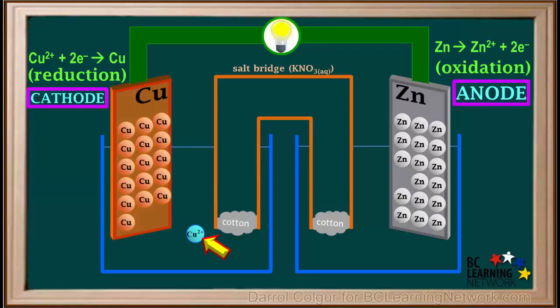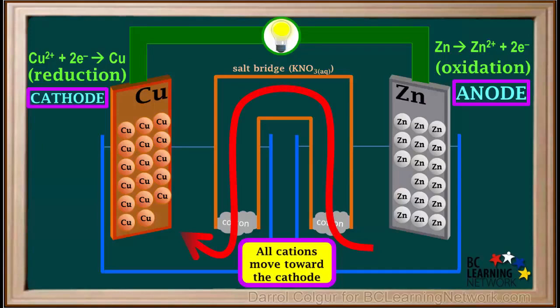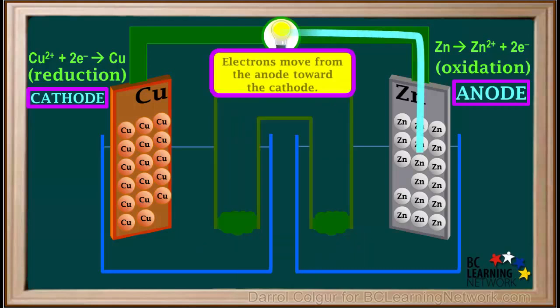So they will not enter the salt bridge, but will also move toward the cathode, where they will be reduced to neutral copper atoms. So we can summarize by saying that all cations move toward the cathode, and all anions move toward the anode, and electrons move from the anode toward the cathode through the wires.